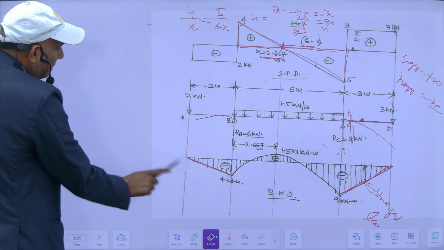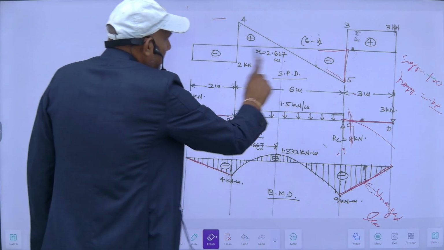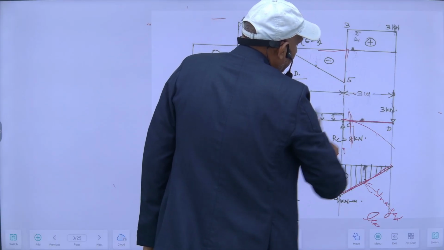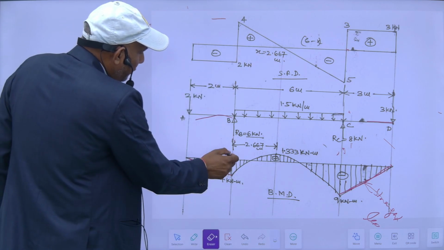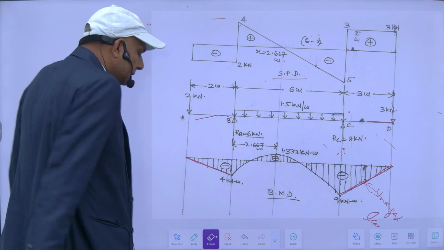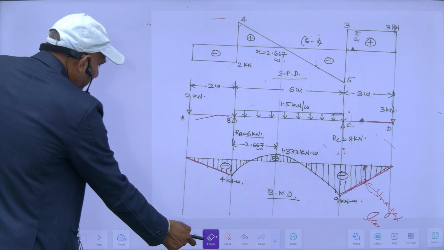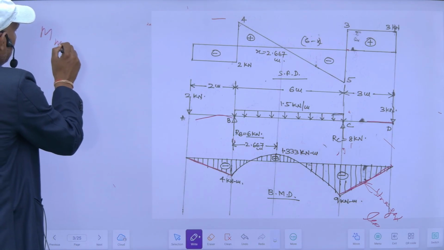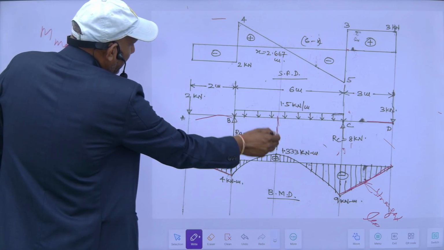So for finding the maximum bending moment, this location is 2.66 meter from here where my bending moment is maximum. So maximum bending moment Mx will be equal to, at this point I have to take the bending moment.